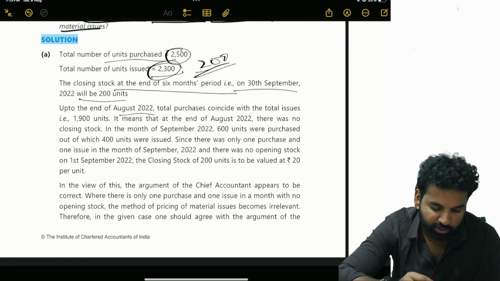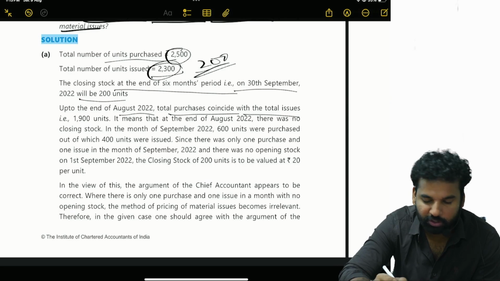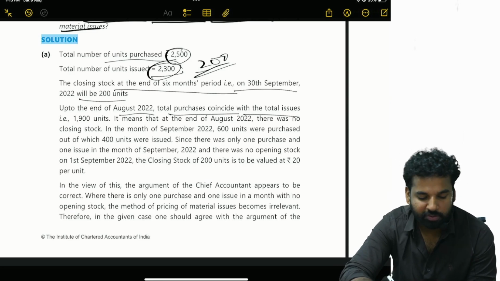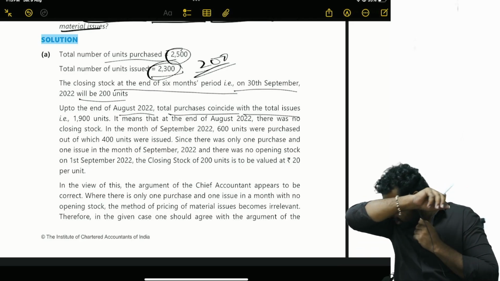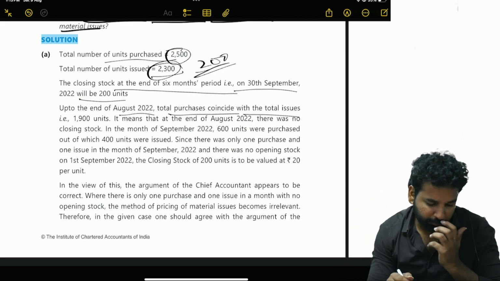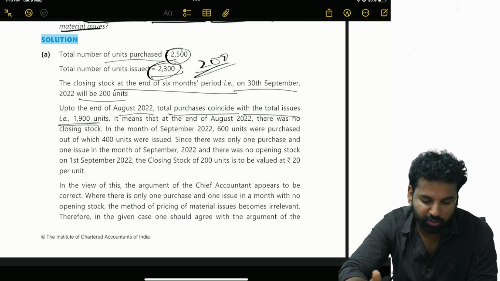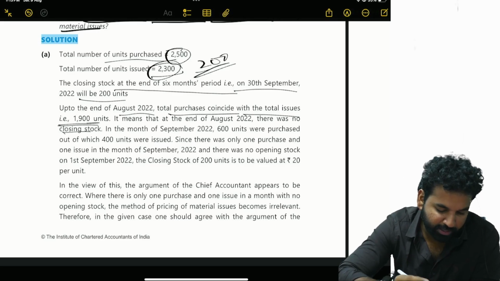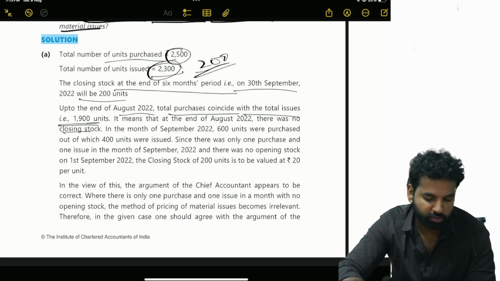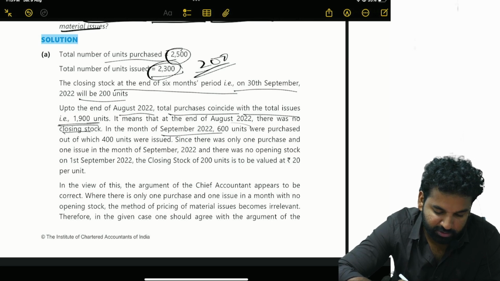To the end of August 22, total purchase coincide with the total issues. That means whatever we purchased, everything got issued. Right. So 1900 units we have purchased, and 1900 units got issued. There was no closing stock by the end of August 22. So in the month of September, 600 units were purchased, 400 units were issued.